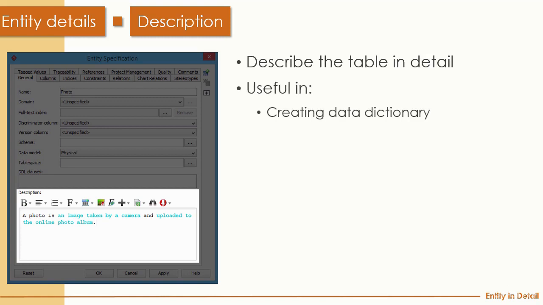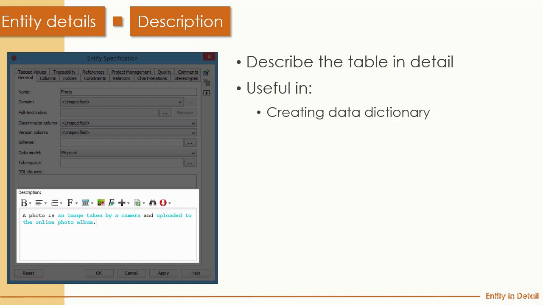And finally, the description. If you have attended our official essential training course, you know what the description is. The description is used to describe the table in detail in textual form. The description text you write here will be used in generating the data dictionary.